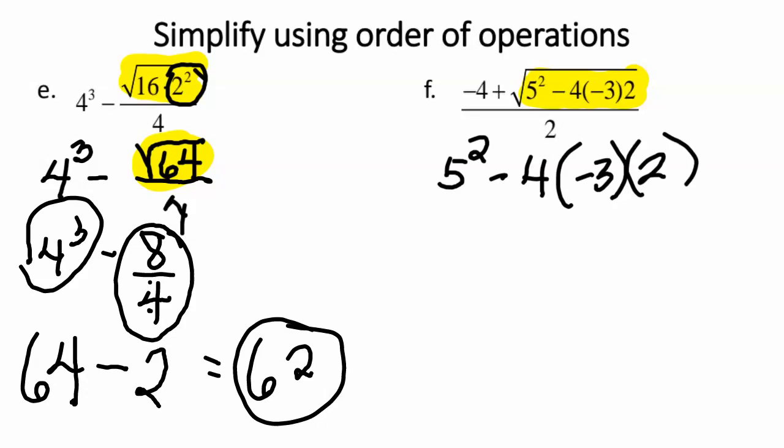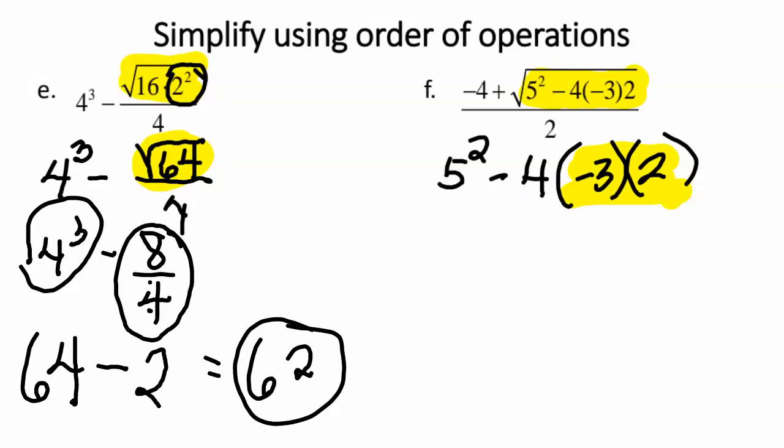Well, these two give me a negative 6 times a negative 4.